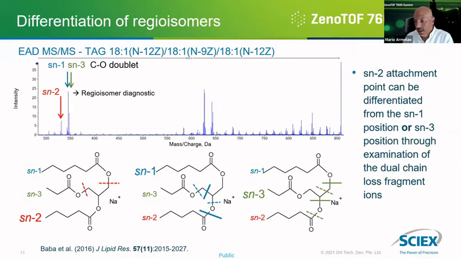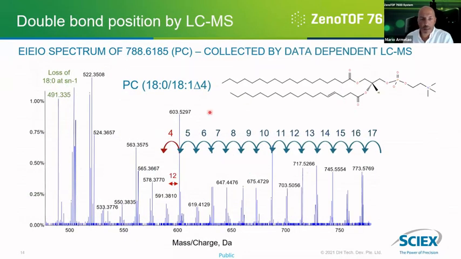Looking at the fatty acid position, I point your attention to the intensity right here. The data that Takashi acquired was mainly in infusion-based mode because it didn't have Zeno. But now we have Zeno, so we can do this on an LC timescale.